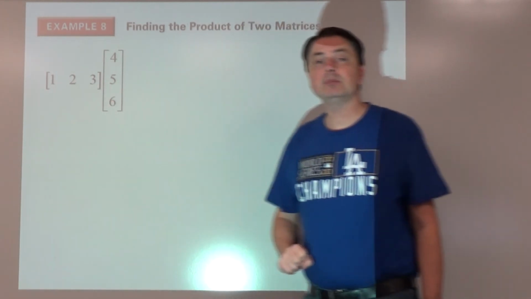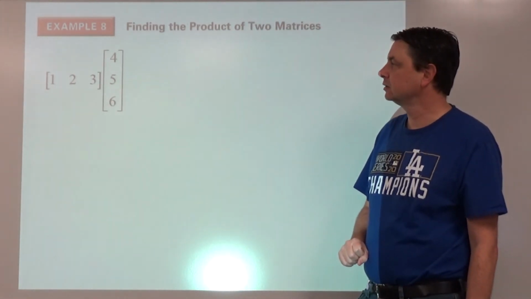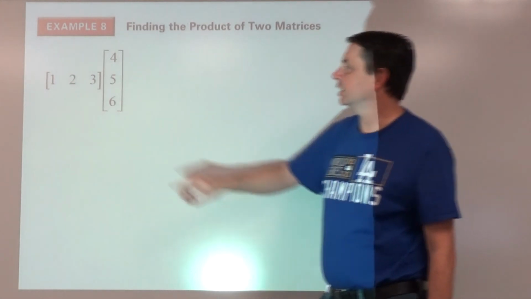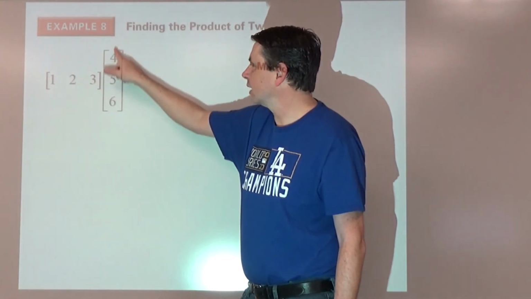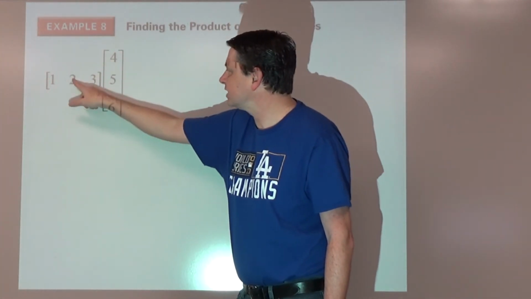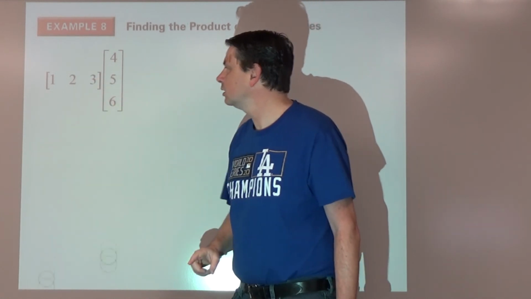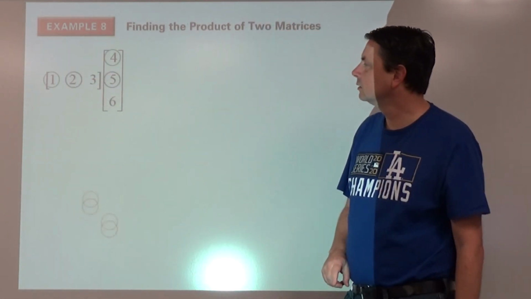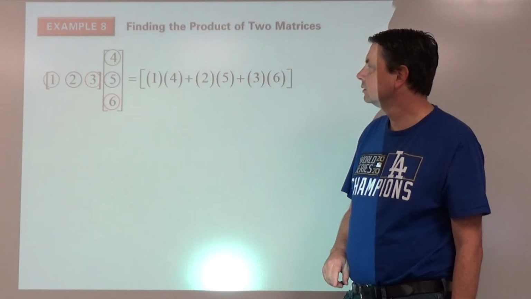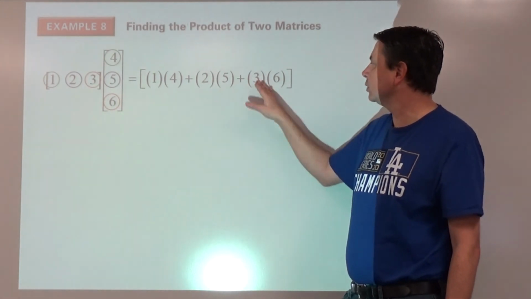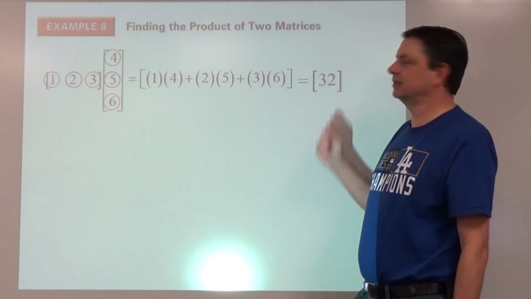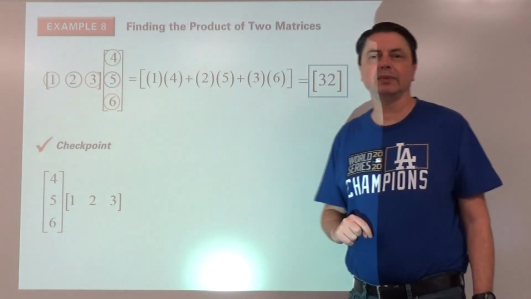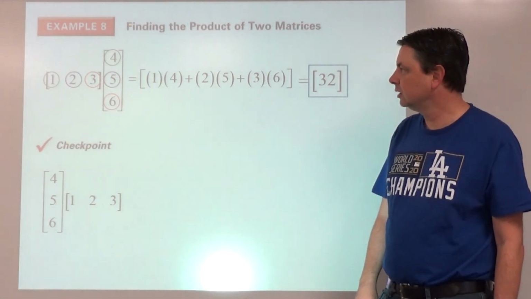We're going to get a 1 by 1 matrix answer. So we're going to go row matched up with column, first times first, second times second, third times third. Four plus 10 plus 18 is the matrix. That's a 1 by 1 matrix of 32.